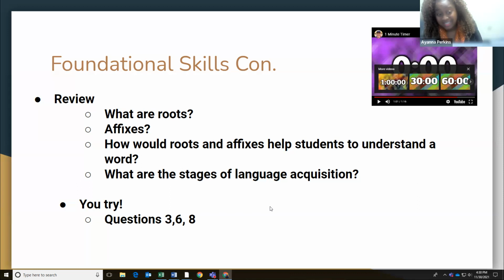So for instance, and this is something we can dig into a little bit more because I love these. So scent is something that I gave. That was a word. So roots, they stood alone. Greek and Latin root words have become a part of our language, many languages actually.